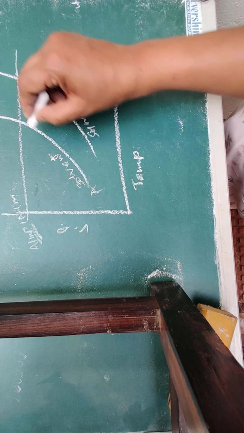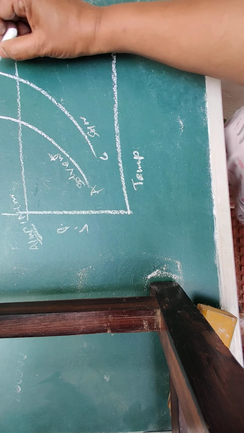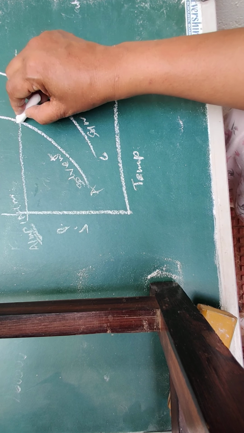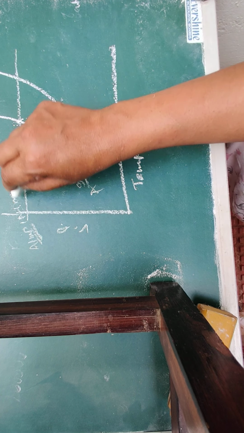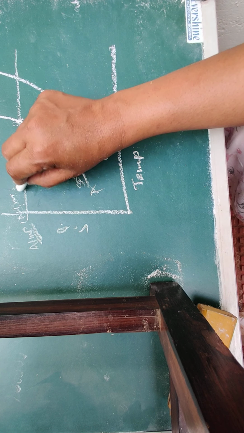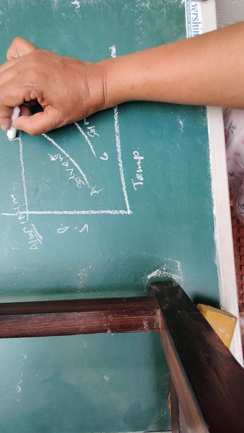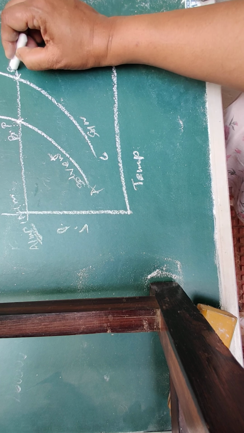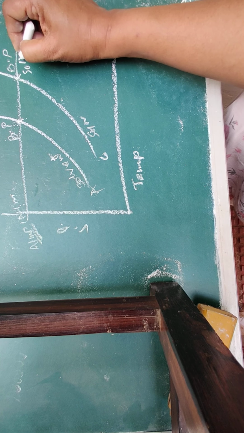Let it be AB and this CD. Now the points of intersection of these curves with the 1 atmosphere pressure line will be the boiling points, one for the solvent and one for the solution.